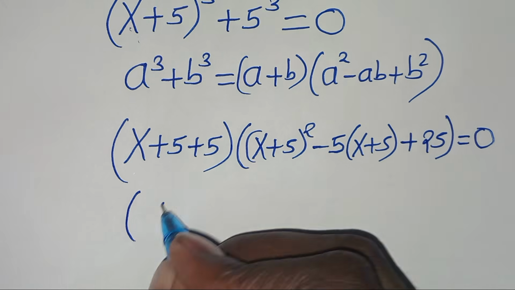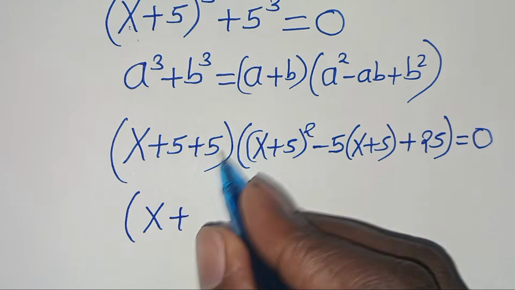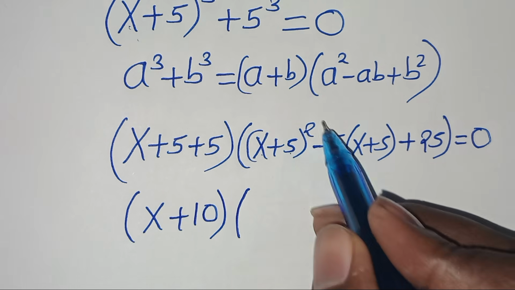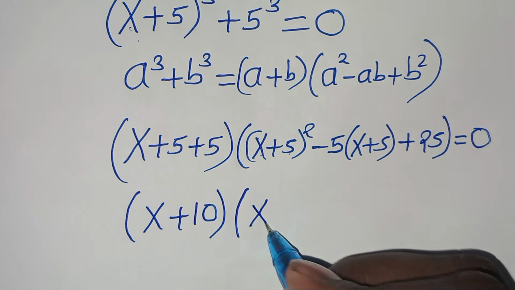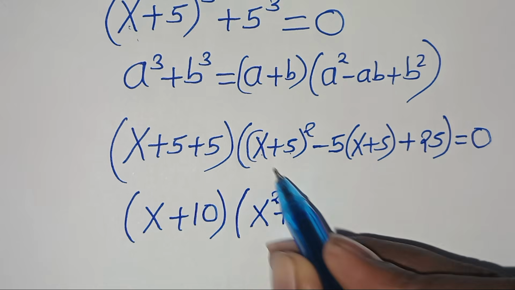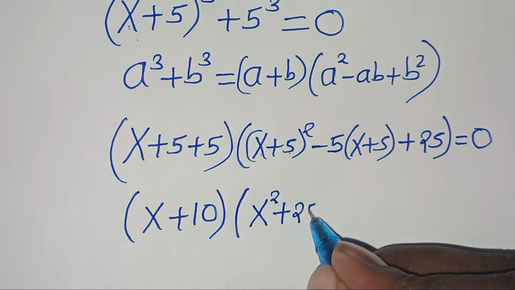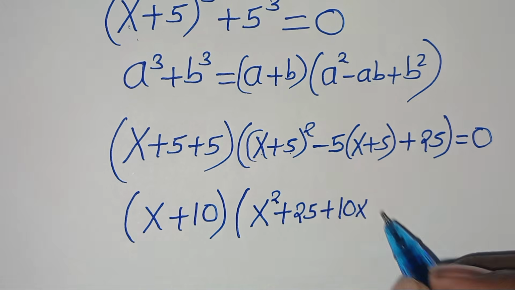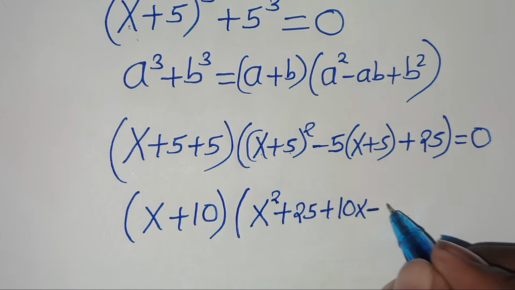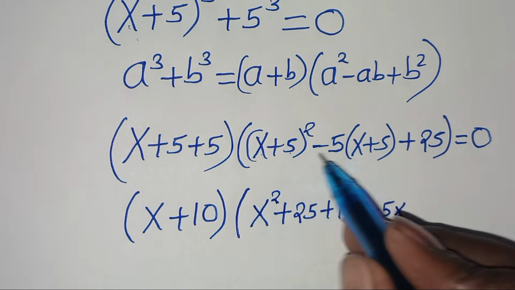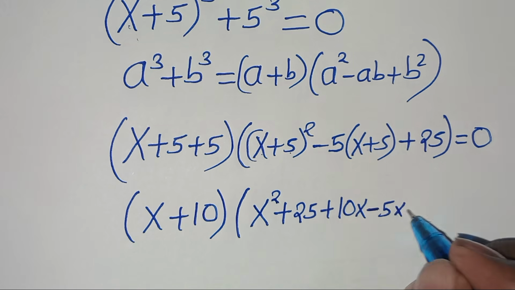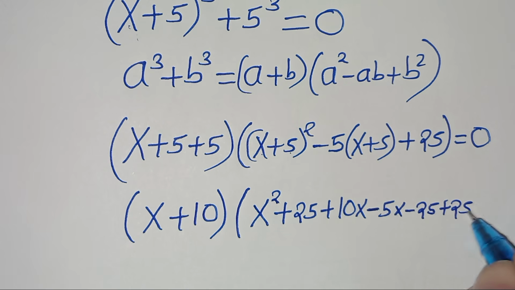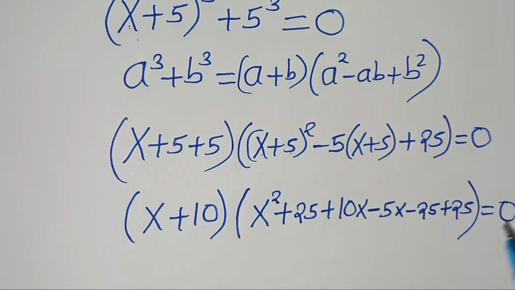So this means we have x + 5 + 5, which is x + 10. Now let's expand (x + 5)^2. We have x^2 + 5^2, which is 25, then plus 10x. Then we have here, minus 5x, negative 5 times plus 5, this is negative 25, plus 25, this is equal to 0.